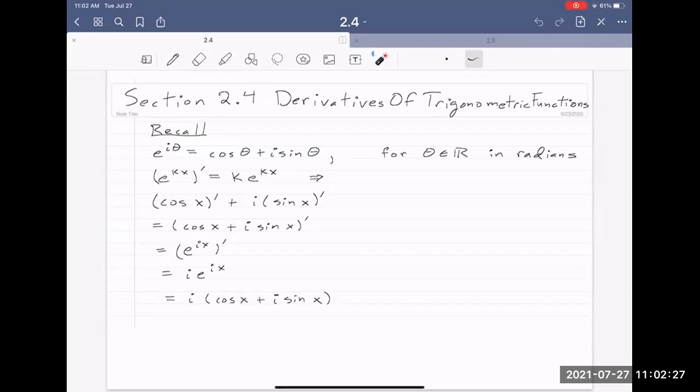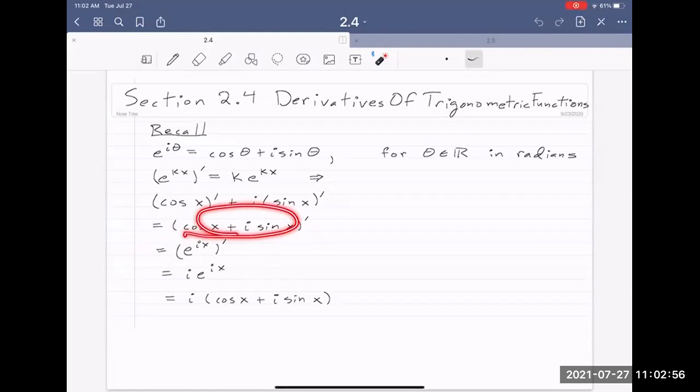And so let's look at the derivative of cosine and sine and derive their formulas simultaneously using Euler's formula. So the derivative of cosine x plus i times the derivative of sine x is equal to the derivative of the quantity cosine x plus i sine x.